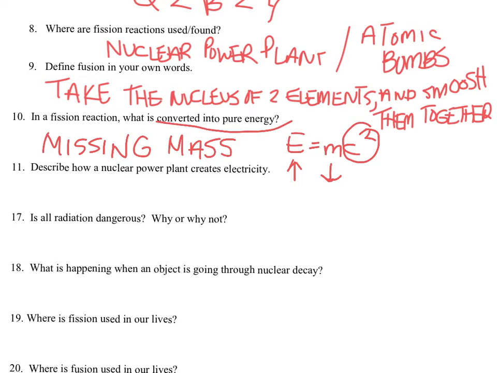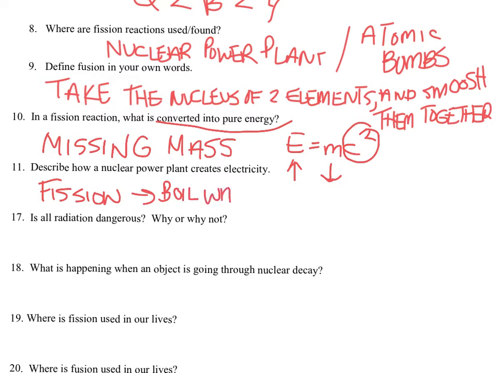For number 11, describe how a nuclear power plant creates electricity. All right, instead of me writing this all out by my finger and going through it, I'm going to dictate, and then you can write down in your own words if you're having some trouble. So first of all, a nuclear power plant needs fission, right? So I'll do bullet points. From the fission, what's going to happen? Well, it's going to create a lot of energy and heat, and eventually we're going to boil water.